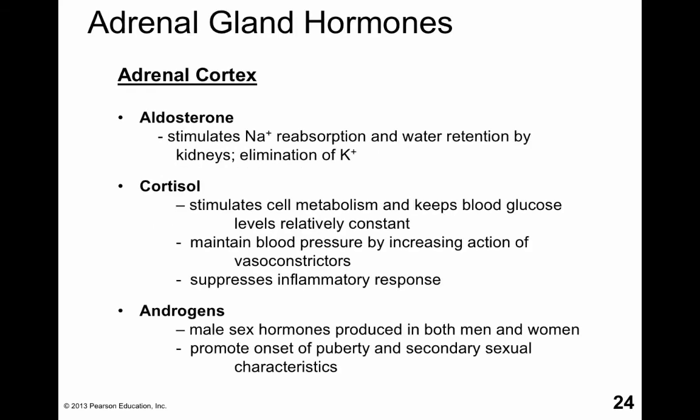When we look at the adrenal cortex, it's responsible for releasing aldosterone. We've talked about this before. It helps to stimulate sodium reabsorption and water retention, eliminating potassium. Cortisol helps to stimulate cell metabolism, keeps blood glucose levels relatively constant, helps maintain blood pressure by increasing the action of vasoconstriction, so making those blood vessels smaller, and it suppresses the inflammatory response.